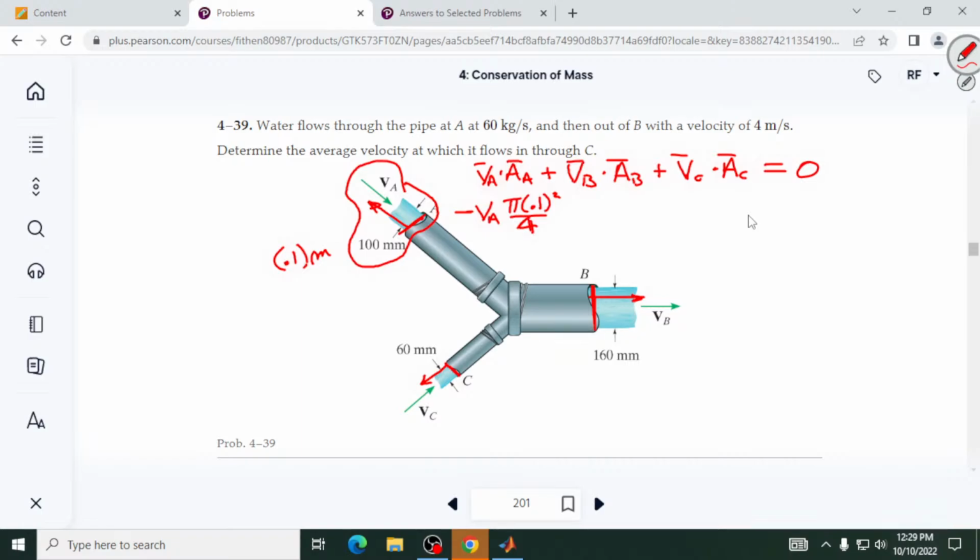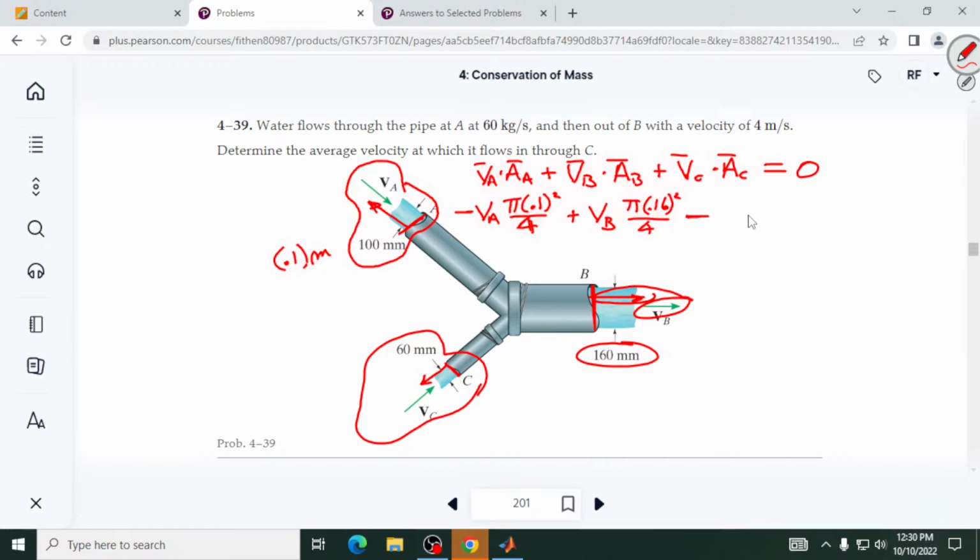Okay, then I'm going to B, which is over here. This is going the same direction as that, so that's plus VB. And the area is bigger. And then these are going not in the same direction, or a better way to say that is in the opposite direction.